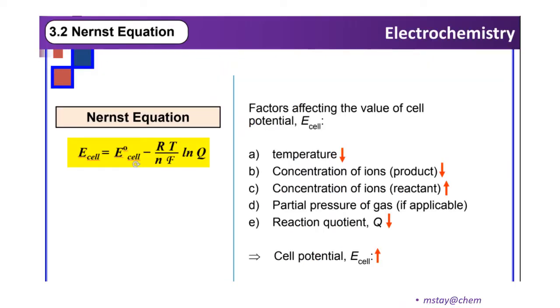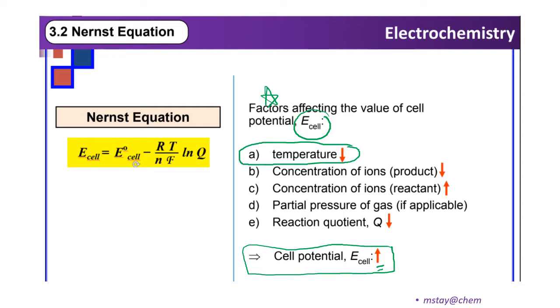In this slide, we are going to discuss the factors that will affect the value of the cell potential. Basically, we want to know what we should do so that the cell potential will be increased. The first factor that we consider is the temperature.